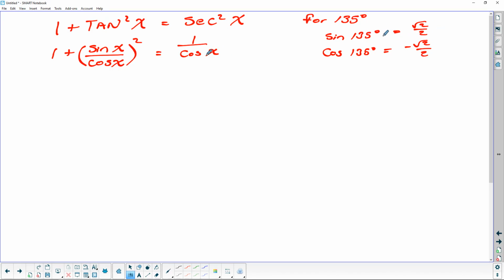So this would be 1 plus, okay, sine is root 2 over 2, and this other one is negative root 2 over 2.